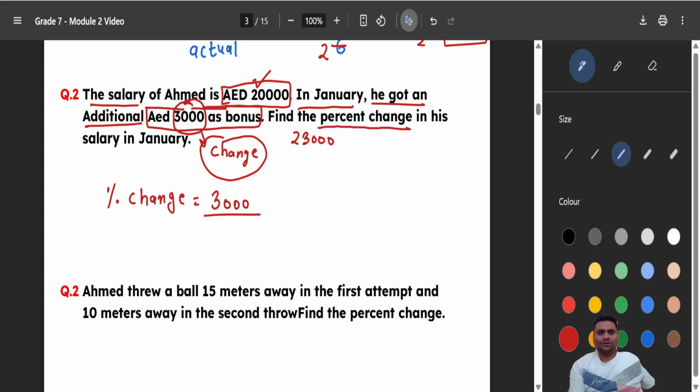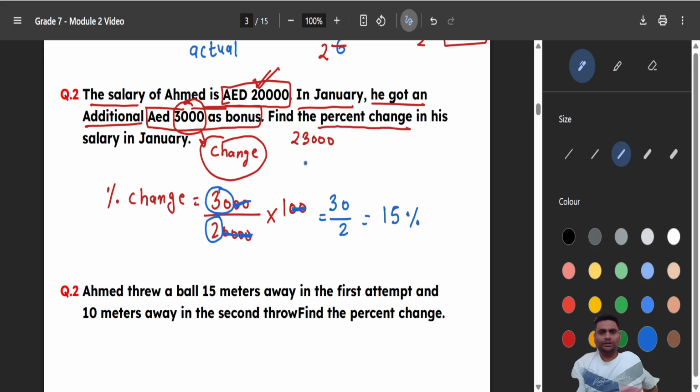Now what was the actual salary? 20,000, which will come down, and to change into percentage we multiply by 100. Now I can cut the 2 zeros down with the 2 zeros up. So what do I have now? 30 over 2. 30 divided by 2, 15.